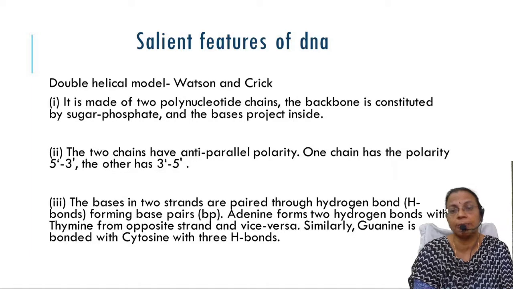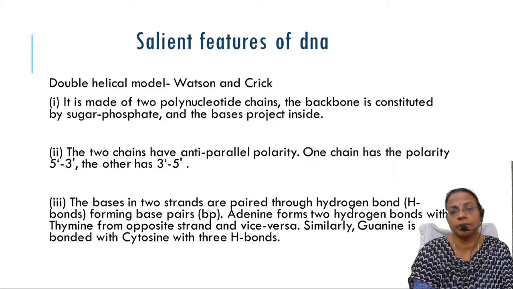In that staircase, the backbone is made up of sugar phosphate backbone, and the steps of the staircase are made up of nitrogenous base pairs between these 2 polynucleotides. The bases project inside. And these 2 strands in the DNA run antiparallel. That means if one strand is in 5-3 direction, the opposite strand will be in 3-5 direction.